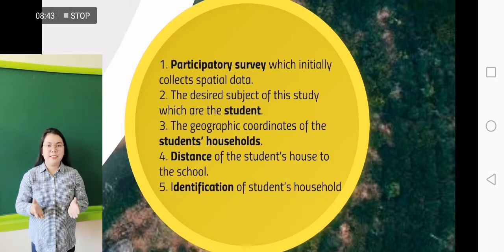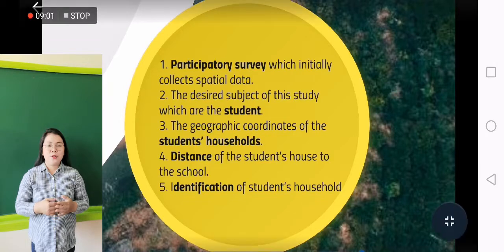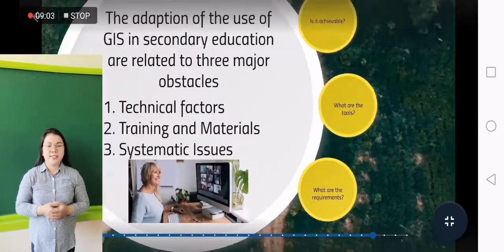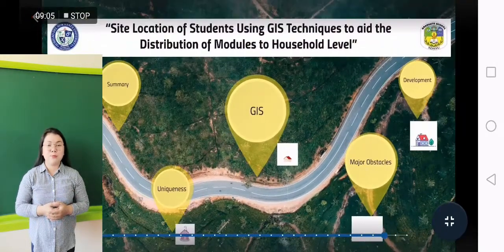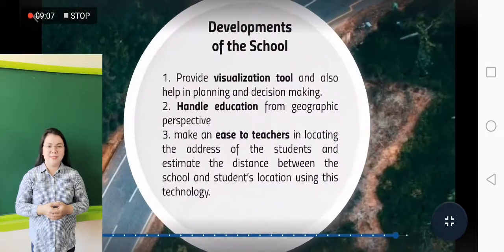The spatial data to be collected are the geographic coordinates of the student's household, such as latitude and longitude, the distance of the student's house to the school and to the nearest commodities, and also the identification of students' households, which will be utilized as reference in the distribution of modules, especially in this time of pandemic.